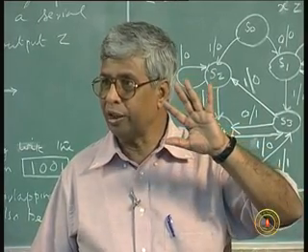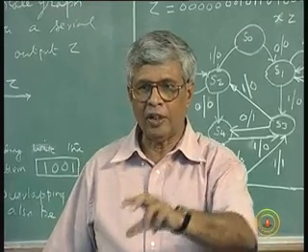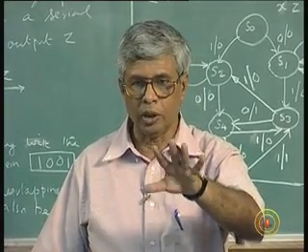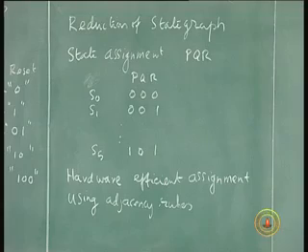Even otherwise it is meaningful, because if I have fewer states, say 4 states instead of 6, even though in both cases I will use 3 flip flops, I will have more don't care values. The number of states is less. When I have more don't care values, my hardware is simpler, you know that. When I have more don't care entries in my state table, my hardware is simpler.